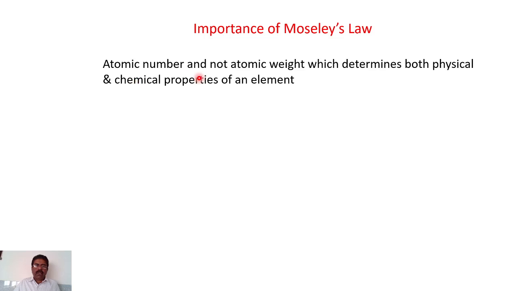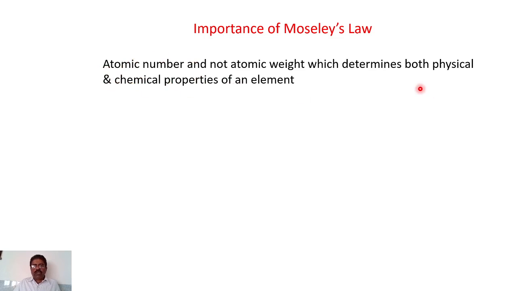It is atomic number and not atomic weight which determines both physical and chemical properties of an element. From Mosley's observation for different target elements, he observed the frequencies of X-ray photons, and from his study he found that it is directly proportional to the atomic number.